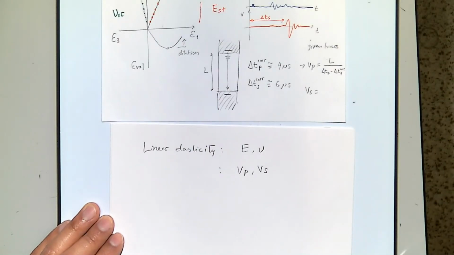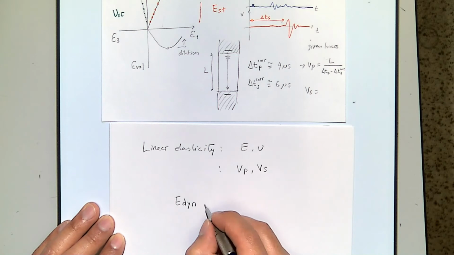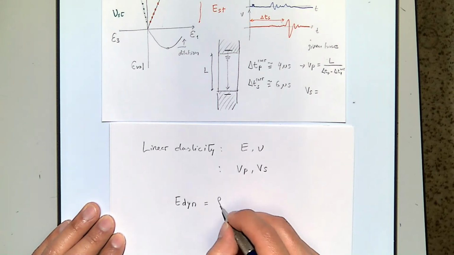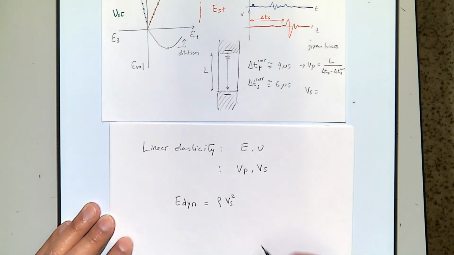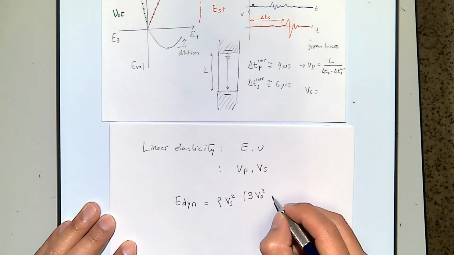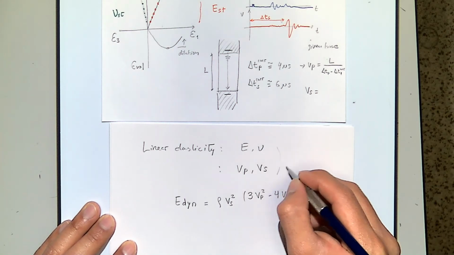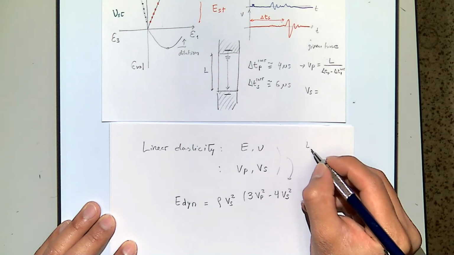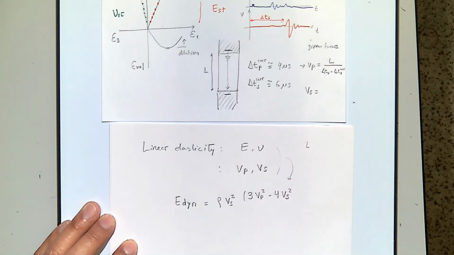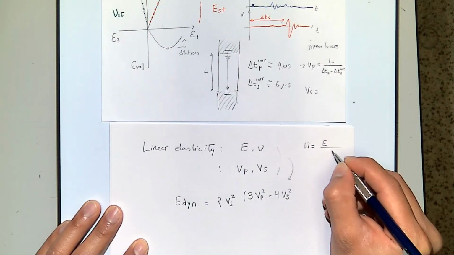So if you're using waves, you will see that the dynamic Young modulus is going to be equal to this equation, where everything I do to go from here to there is just writing M as a function of E and the Poisson ratio, right?